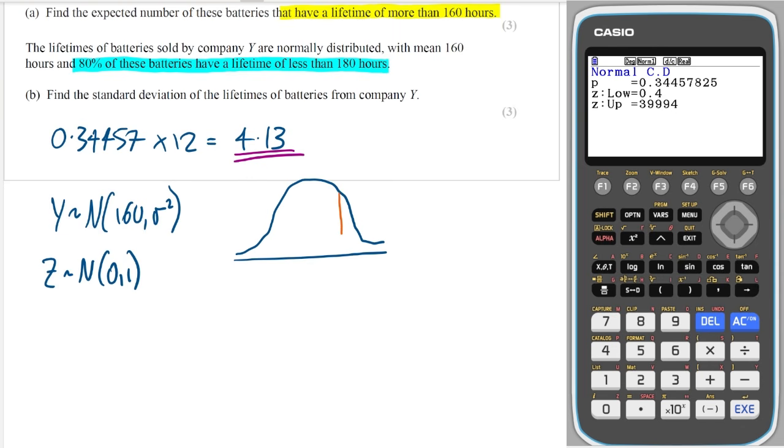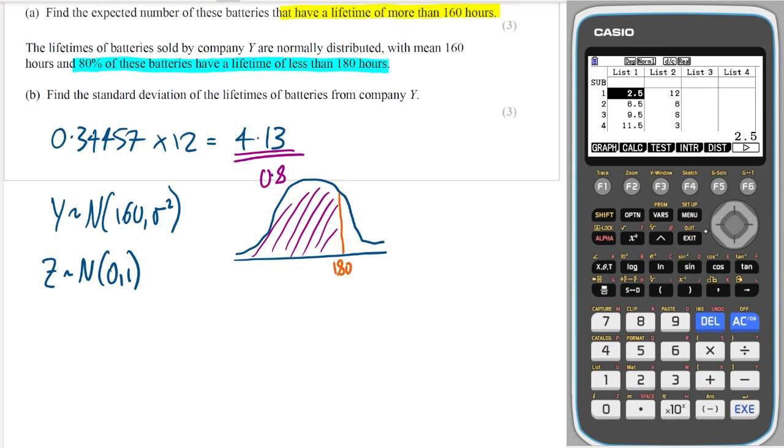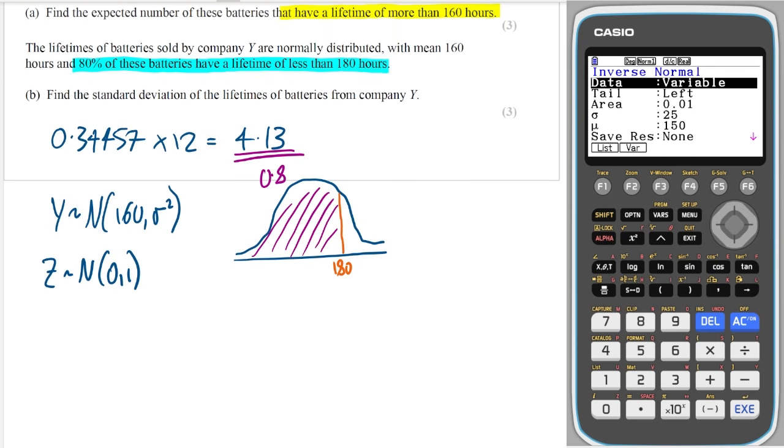So I draw a line in here and I write 180 here. And this is my area, which I know is 0.8 or 80%. So I need to find the corresponding Z value which has an area to the left of 80%. So I go back and I go to distribution, normal, inverse normal.